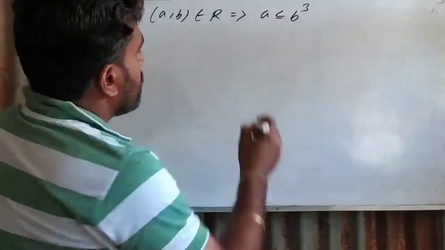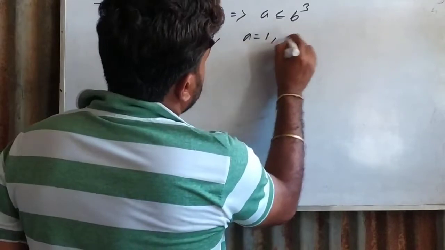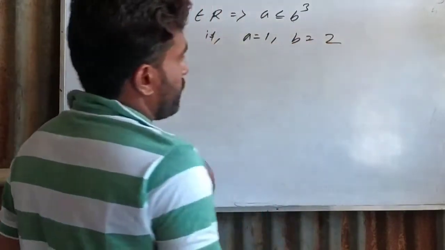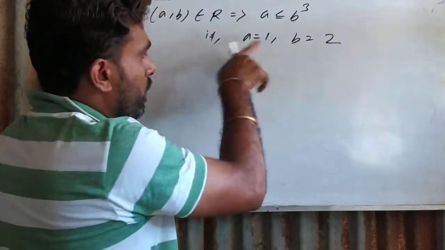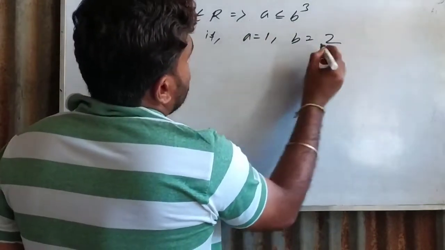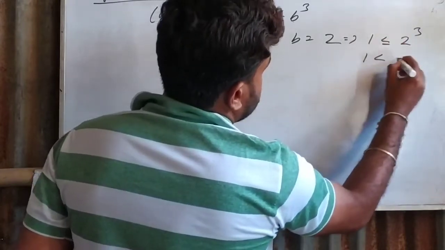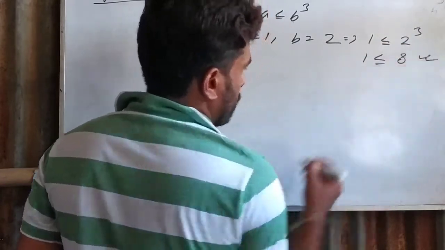Just choose any values. If we choose a equals to 1 and b equals to 2, 1 and 2 are real numbers also. So 1 less equals to 2, it is good, no problem.